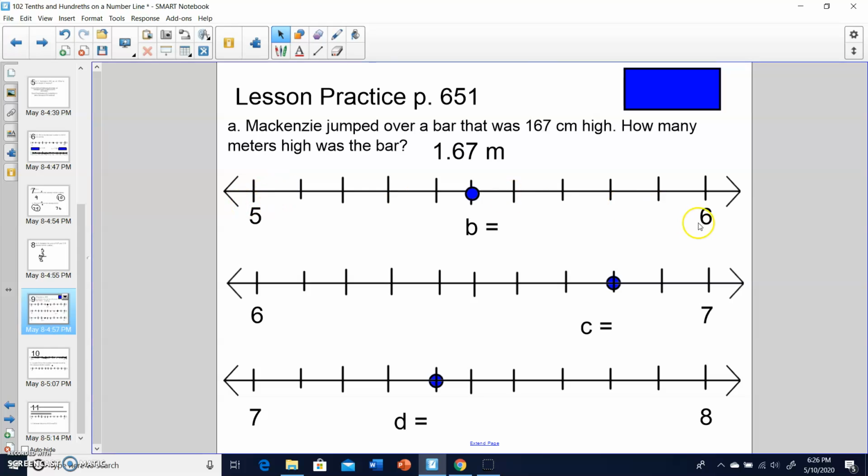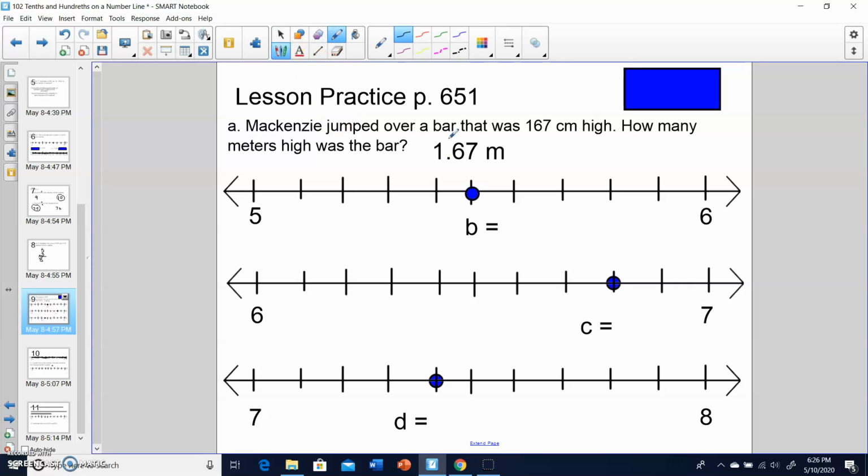All right, B, we're just finding this number on the number line. I'm between 5 and 6, so let's count how many spaces: 1, 2, 3, 4, 5, 6, 7, 8, 9, 10 spaces, so I'm counting by tenths: 5 and 1/10, 2/10, 3/10, 4/10, 5/10.